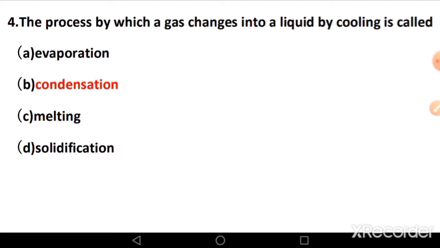Answer is B, condensation, because when you hold a cold steel plate over a pot of boiling water, you will see tiny drops of water condensing on the tray. This is the process by which a gas changes into a liquid on cooling.